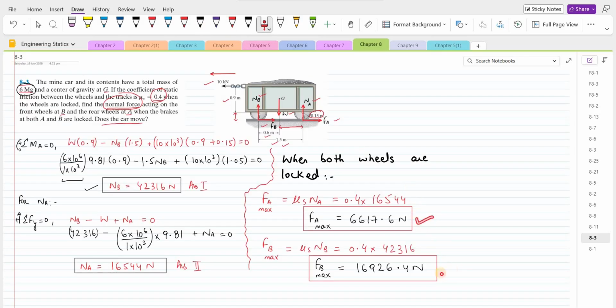These are our maximum frictional forces when both wheels are locked.